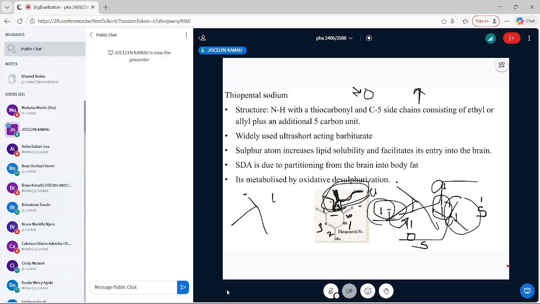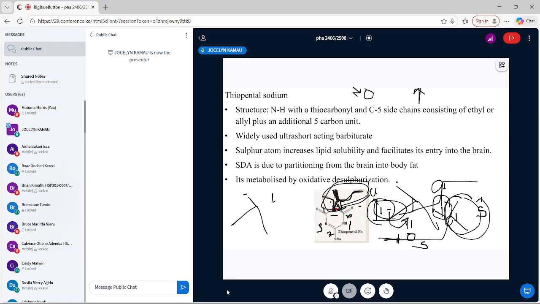So it's important to understand that when the branching is nearer carbon number 5, the compound has much higher lipid solubility than when the branching is farther from carbon 5. This is the point where it joins position 5 on the barbiturate. So when the branching is nearer position 5 of the pyrimidine trione structure, the compound has higher lipid solubility than when the branching is farther from carbon 5.